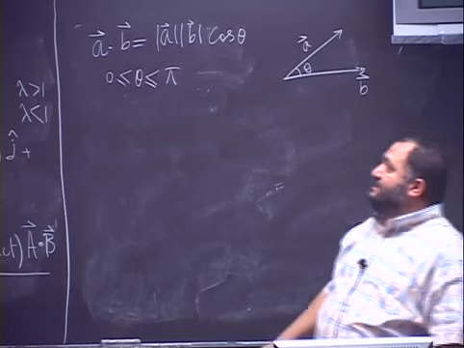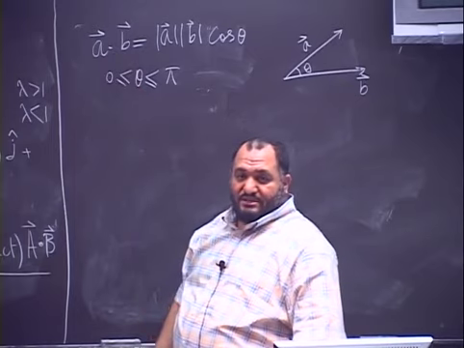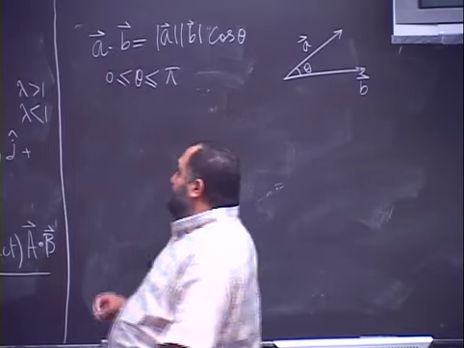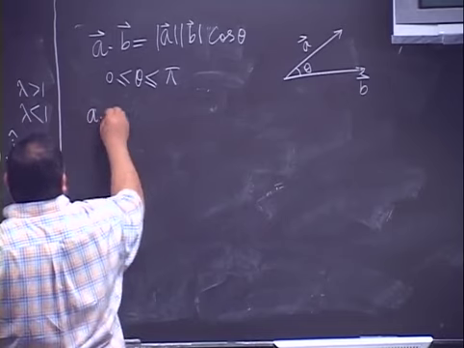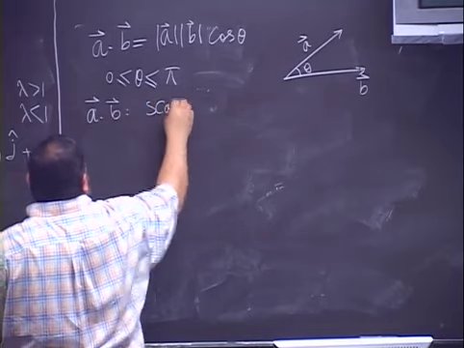And in this case, A dot B is a scalar quantity.